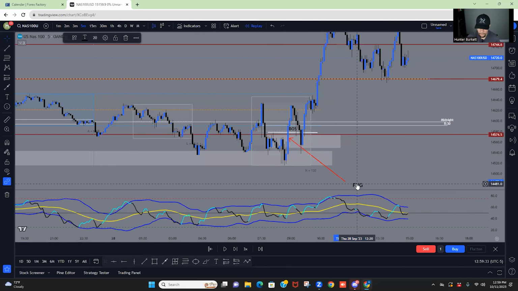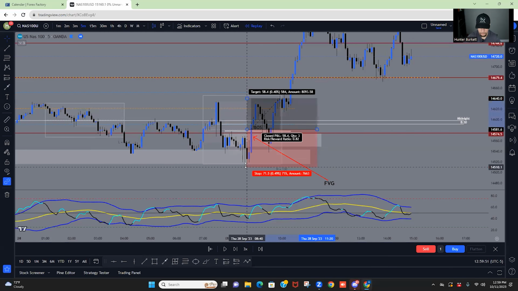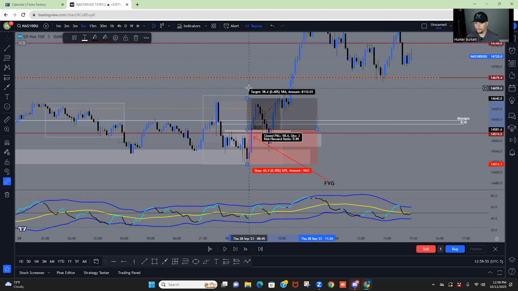Now, there are ways that you can get into this. Let me show you. If you didn't want to miss the trade, because sometimes it taps into the fair value gap, put an order at the fair value gap, put your stop at the low and let it go. That's what I call my first entry, the foot soldier.